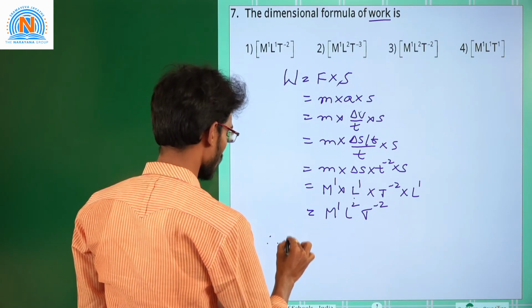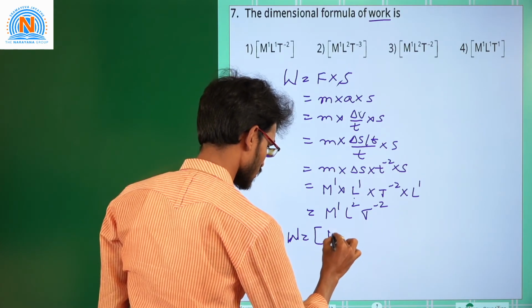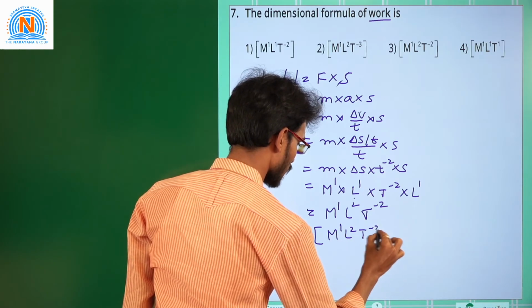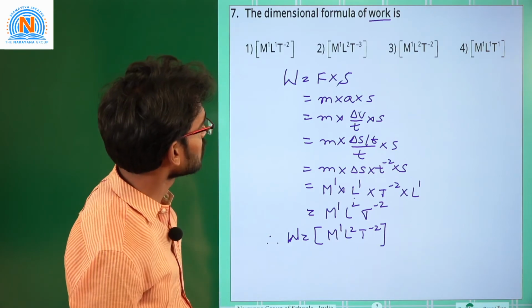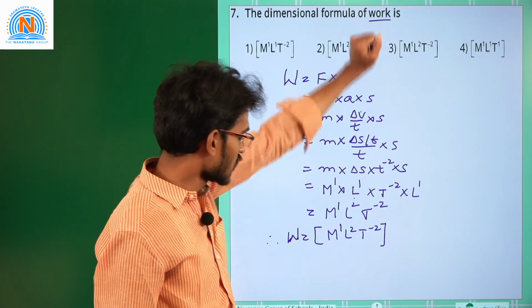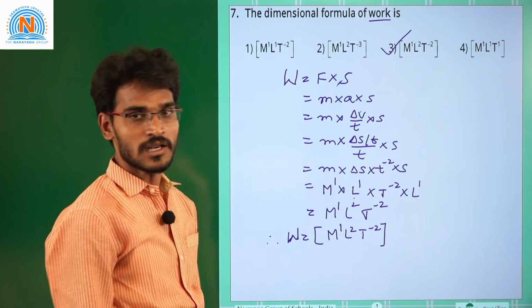Therefore the dimensional formula for work is, in square brackets, M power 1 L square T power minus 2. Identify the correct option from the options. The third one is, in square brackets, M power 1 L square T power minus 2. Next, move to the next question.